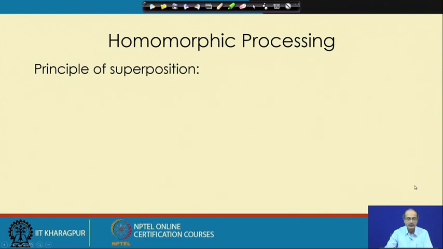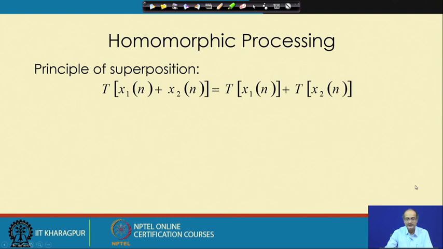Now we look into it more precisely. First we look at the principle of superposition and what it suggests. If we have two constituent signals x1 and x2 and an operator that is addition, we add them and get a resultant signal x1 plus x2.